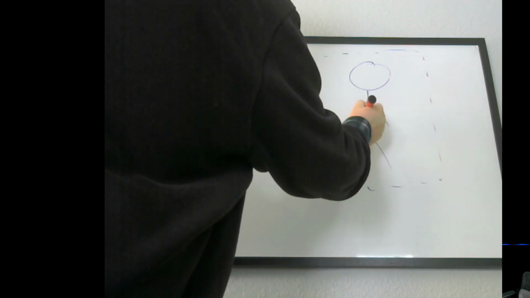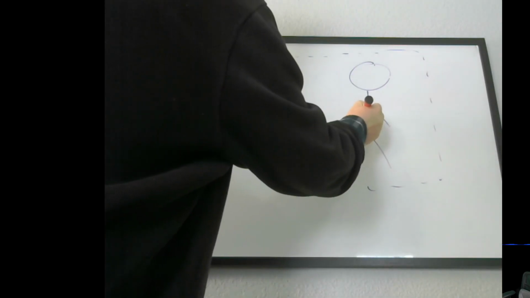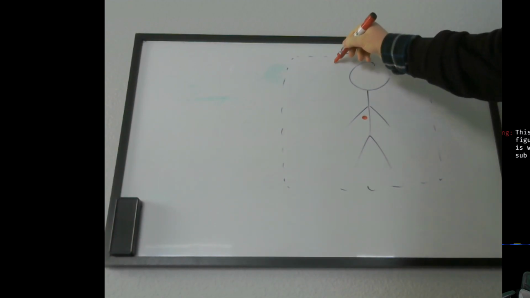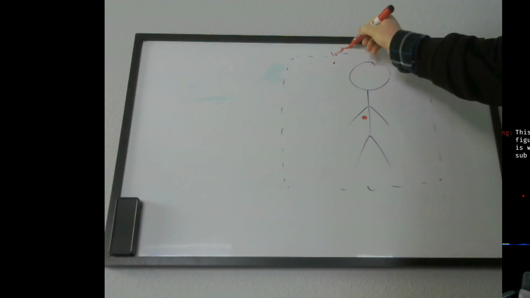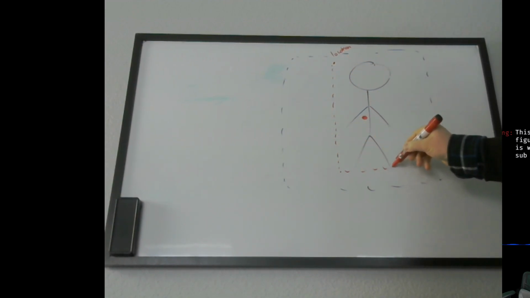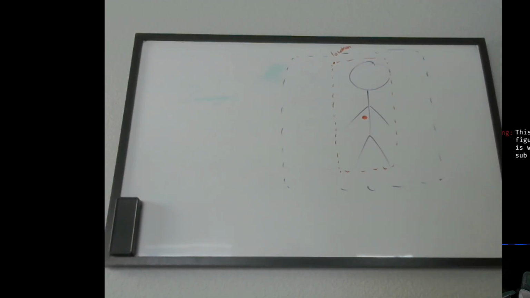The center is here. Then if I have the player location starting here, and essentially this is the rectangle of the player location.